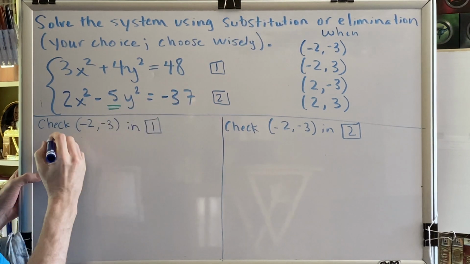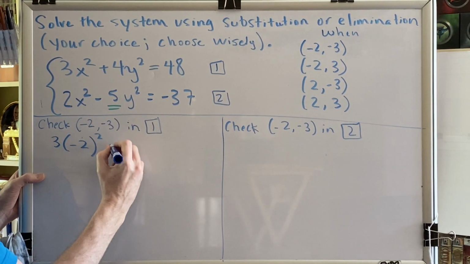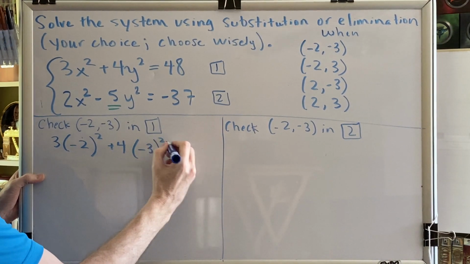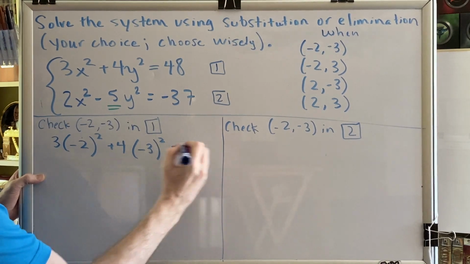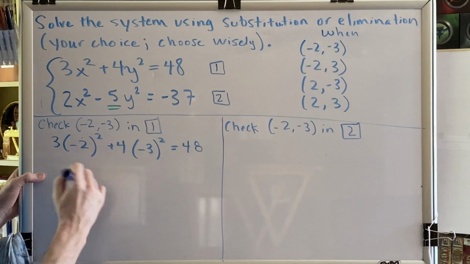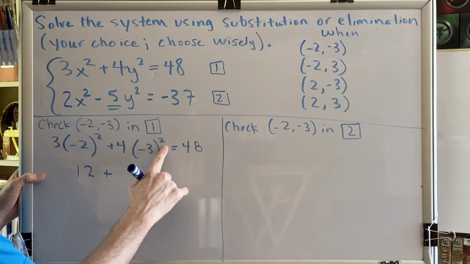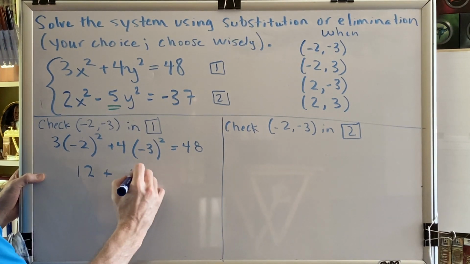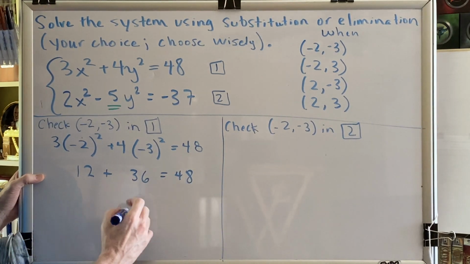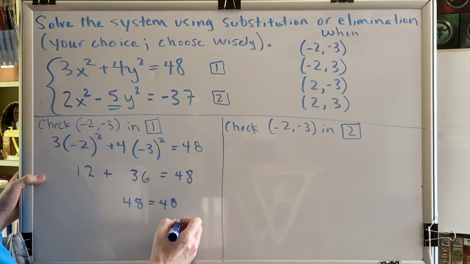So, starting with equation 1, we have 3 times (-2) squared plus 4 times (-3) squared equals 48. (-2) squared is 4, and 4 times 3 is 12, plus (-3) squared is 9, and 9 times 4 is 36, equals 48. 12 plus 36 is 48, so we get 48 on the left, 48 on the right.